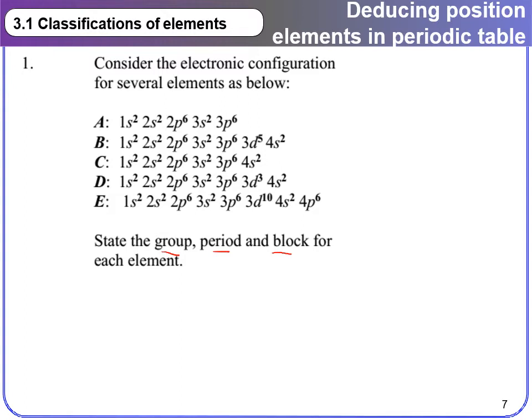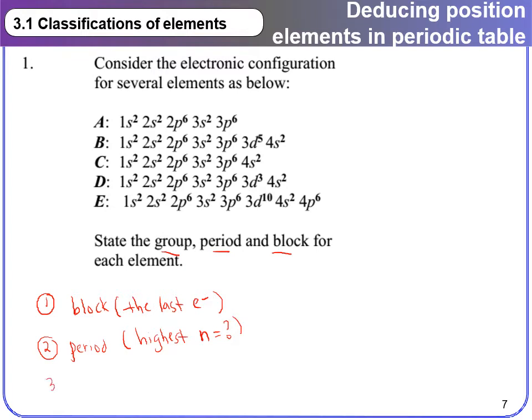Before that, let's recall the steps. First, find out the block by focusing on the orbital the last electron fills into. Second, determine the period by getting the highest energy level, the highest n value.